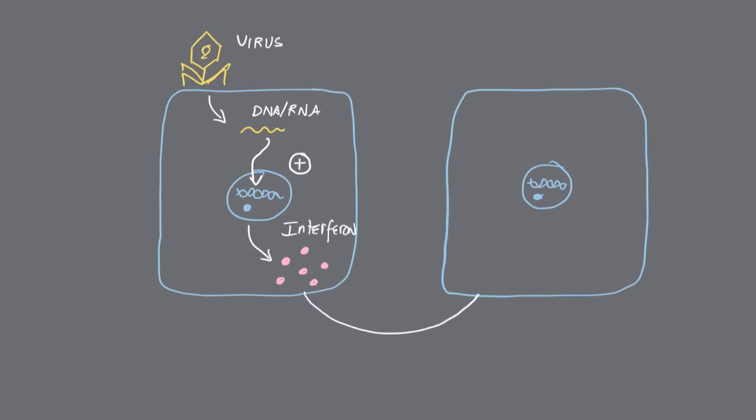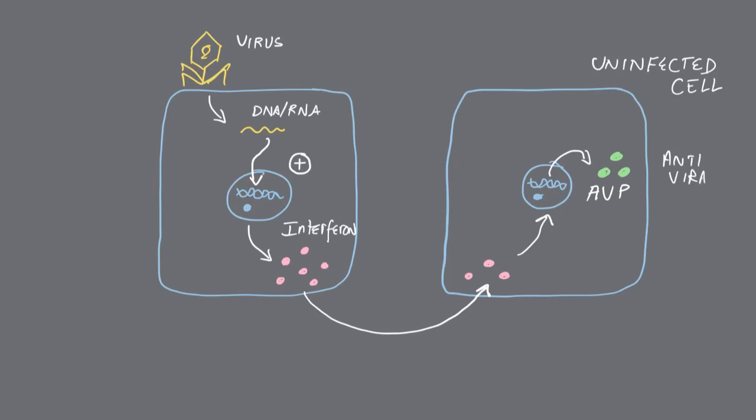So interferon leaves the cell, reaches neighboring cells, and influences them, asking them to prepare for viral infection. So here's your uninfected cell. This cell does not know that there is a virus in the vicinity. Once the interferon signals this cell, the uninfected cell makes antiviral proteins called AVP.